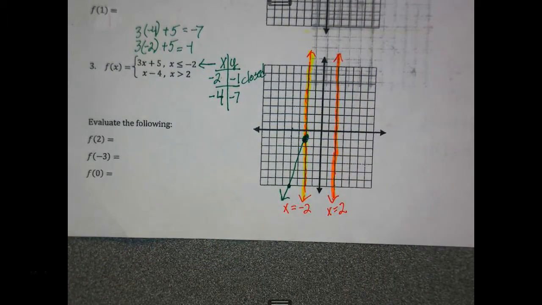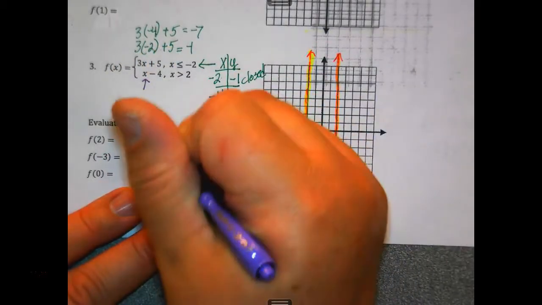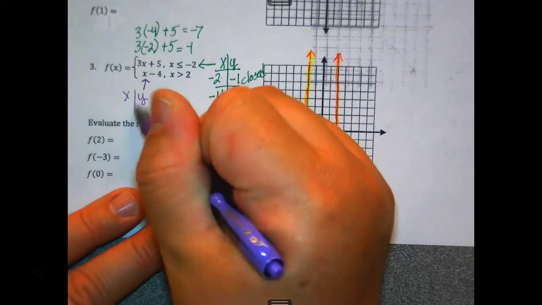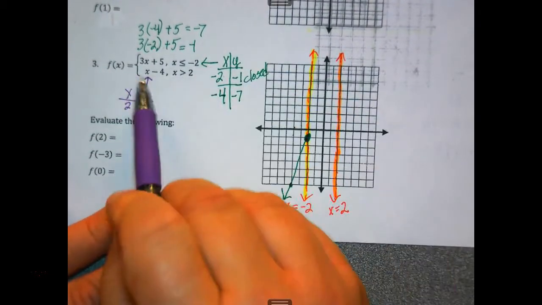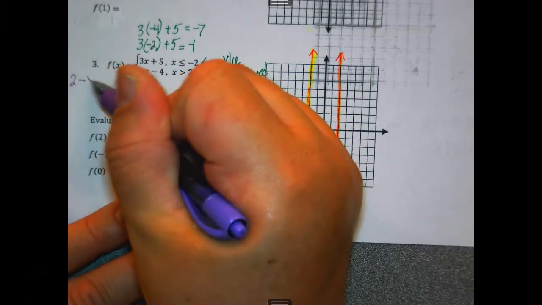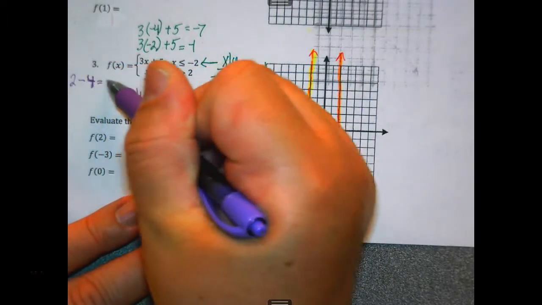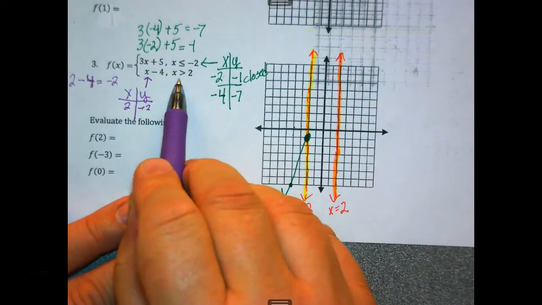Okay, we need the other t-chart. What number do I have to pick for x? 2. 2 minus 4 is -2. And I need a number greater than 2.